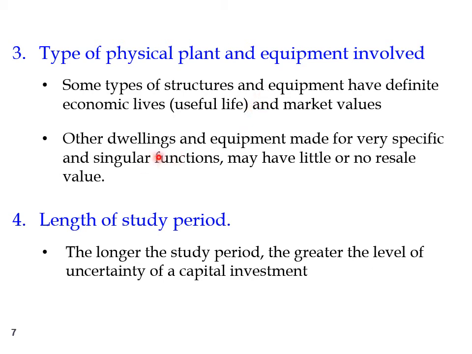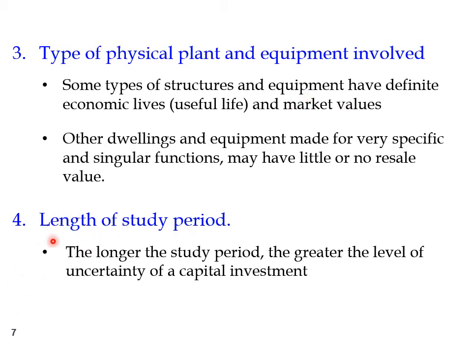And sometimes the equipments that you are using in your business may have only a little resale value or no resale value. And actually in this case, maybe you can be more certain. But in this case, you need to estimate their useful lives and market values, and they are sources of uncertainty.